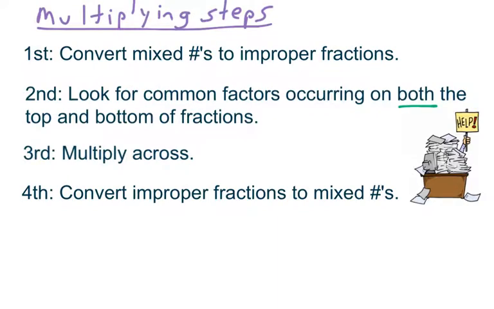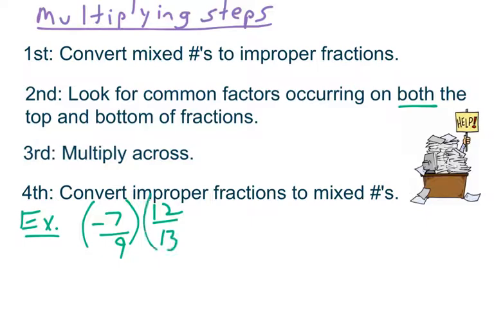All right, let's try an example problem with a negative. So let's say that we had -7/9 multiplied by 12/13. Remember, parentheses without a symbol or a sign means that we are multiplying.